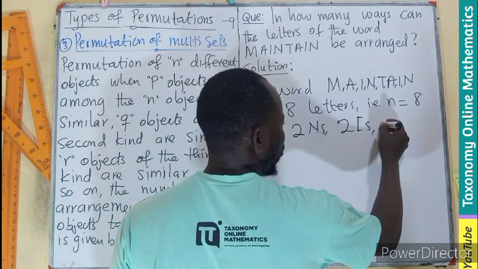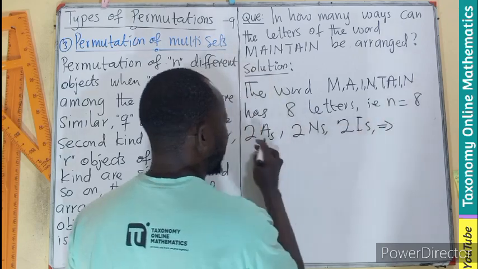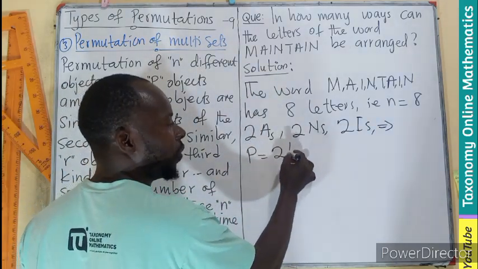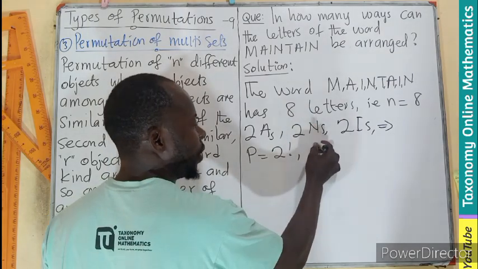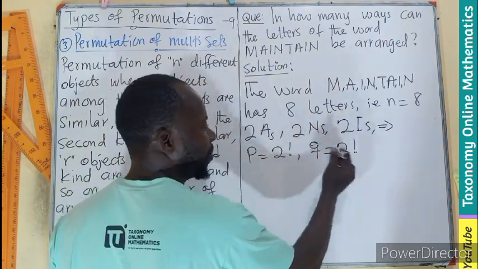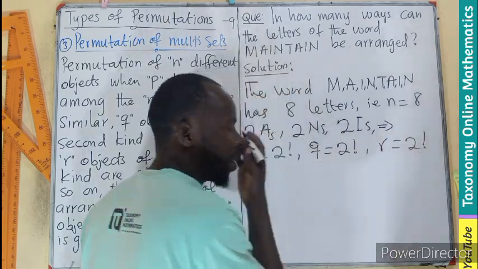So if I want to represent that, p equals 2 factorial, q equals 2 factorial, and then r also equals 2 factorial.